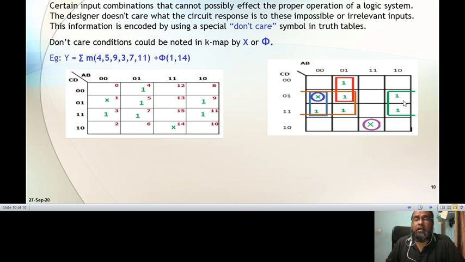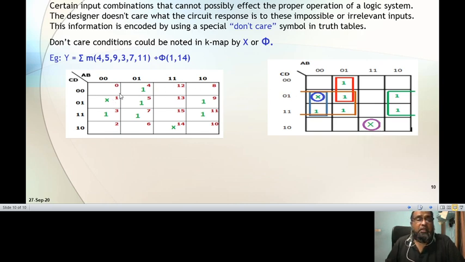Okay, then you can have a group of 4 here, then 2 you take from here and another 2 from the logical adjacency, another 4, then 2 together for these 2 columns. Okay, and you can see in cell number 14 there is an x. Here we are not taking that x because it will not give any reduction in the Karnaugh map. So we are taking the x in cell 1 but neglecting the x in cell 14.